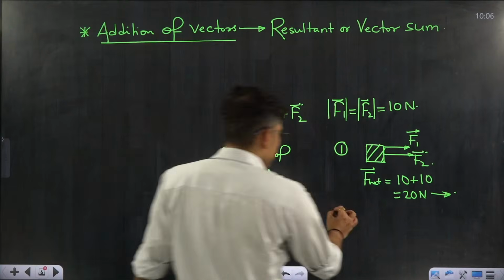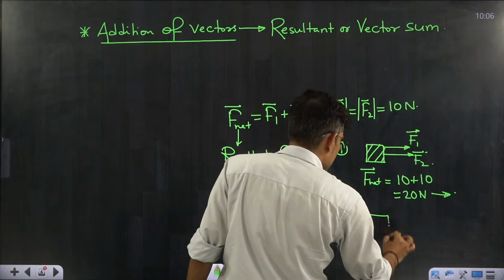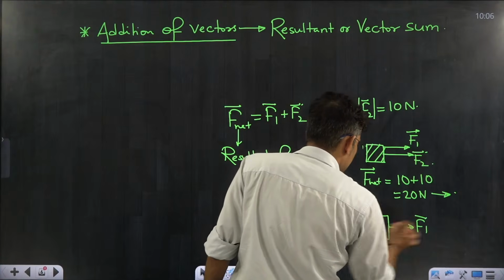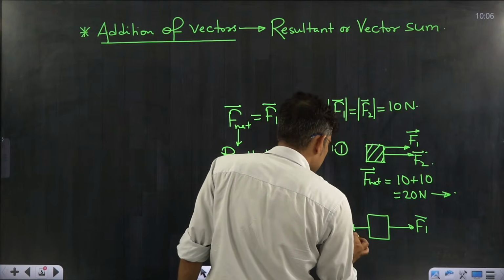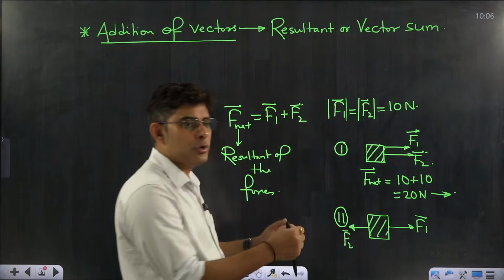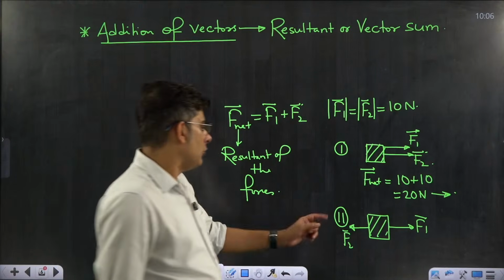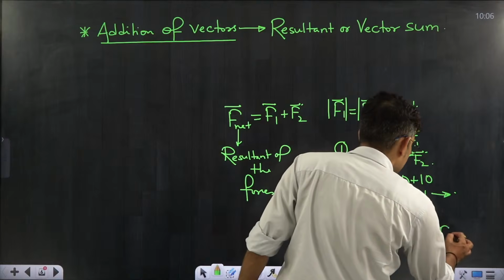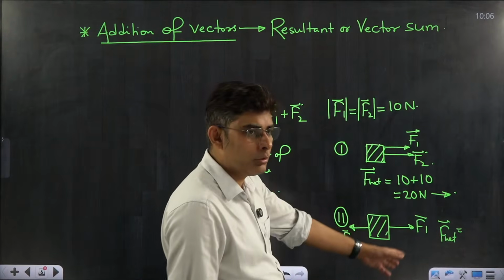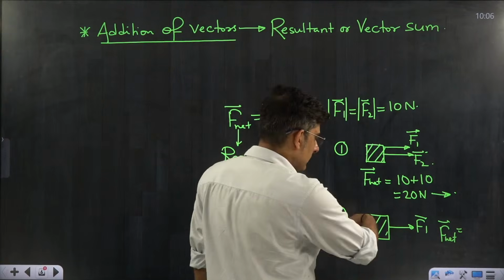But if you take the second case, if you apply F1 here and apply F2 here, what will you see? You will see that both forces will cancel out each other. Here, if you see the net force, without knowing anything about vectors also, you can say clearly that these two forces will cancel each other because they are equal and opposite.